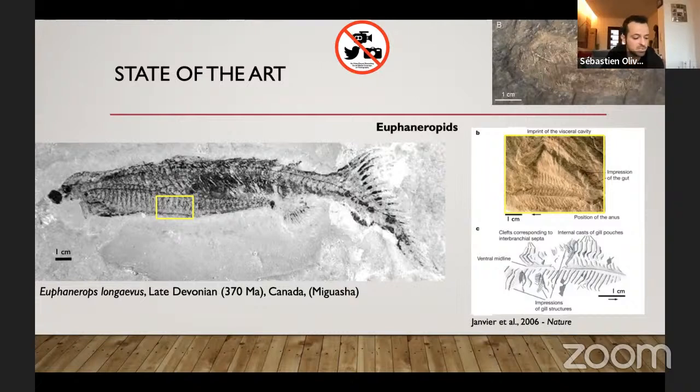Also, the second specimen from the Museum of Brussels, the putative branchial basket, displays strong similarities with the branchial basket of Euphanerops, because both are covered with dorso-ventrally elongated rod-like structures. But like the previous specimen, we need more details for those specimens.